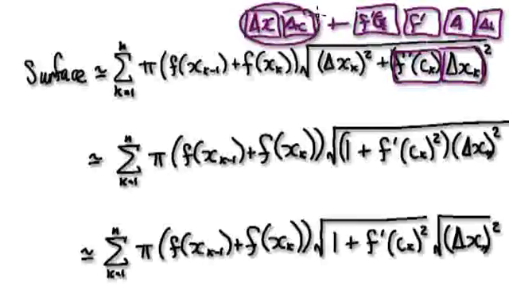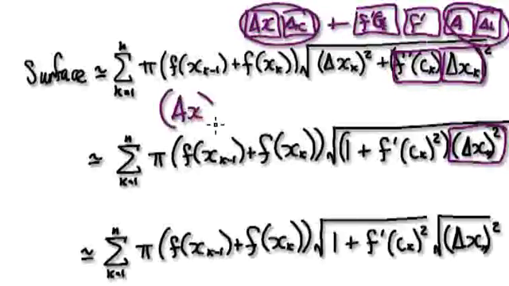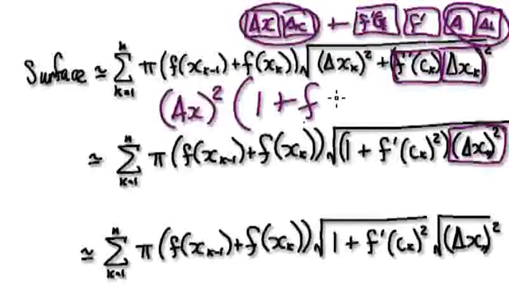So delta x is in common. You can factor out the delta x squared here. So it becomes this delta x squared, and then bracket 1 plus f prime of ck. So basically just factor this out.